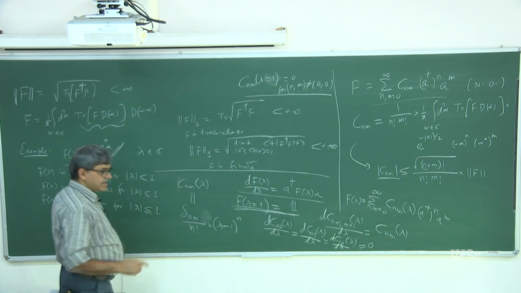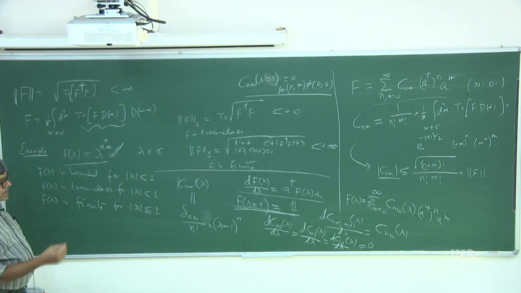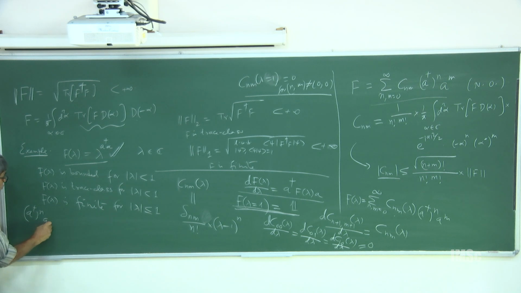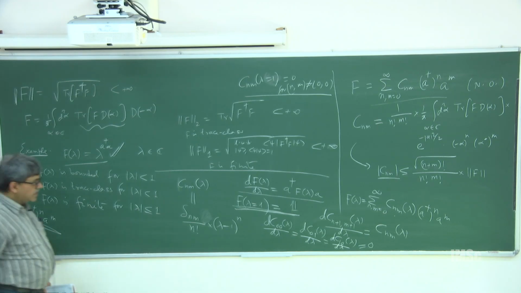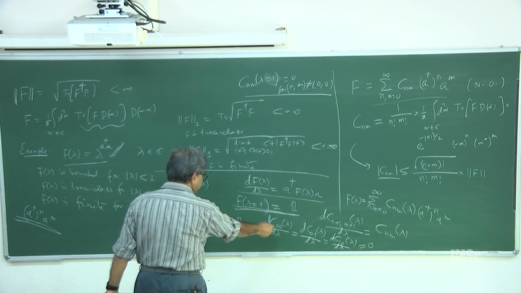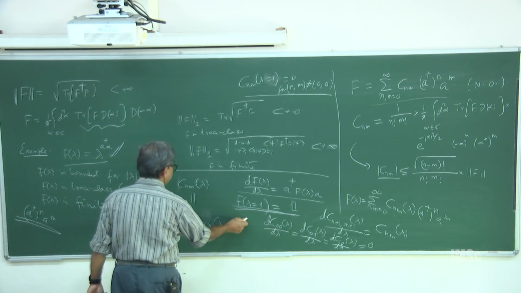To equate this, because all these operators a† to the power n, a to the power m, for different values of n and m, are independent operators, from there you will see this thing, and if you solve it, you will get this solution.